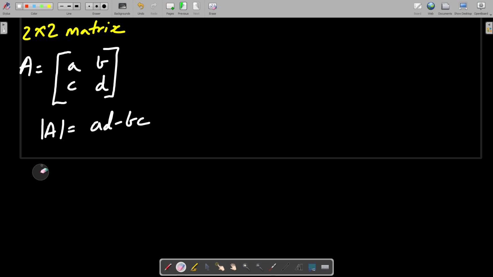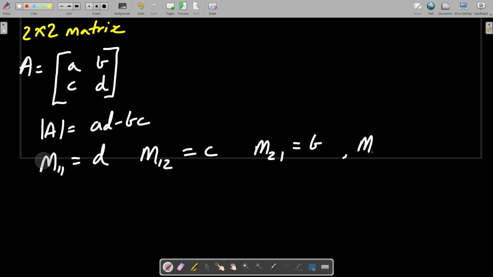Okay, so what is adjoint of A over here? Before we find adjoint, we'll have to find the minors, right? Minor of 1 1 will be D, minor of 1 2 will be C, minor of 2 1 will be B, and minor of 2 2 will be A. Okay, so the cofactor matrix over here is this.